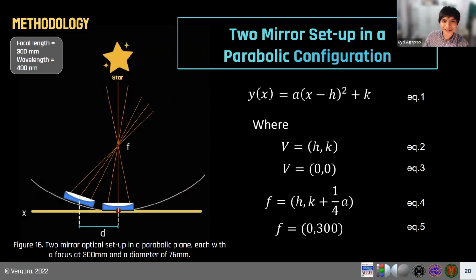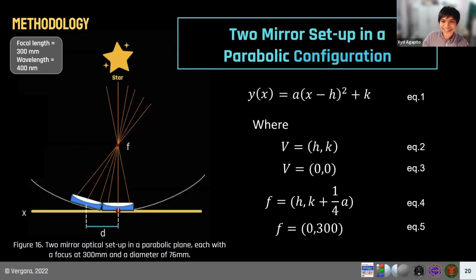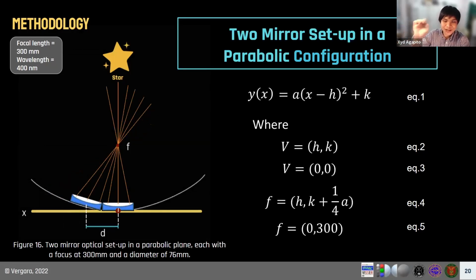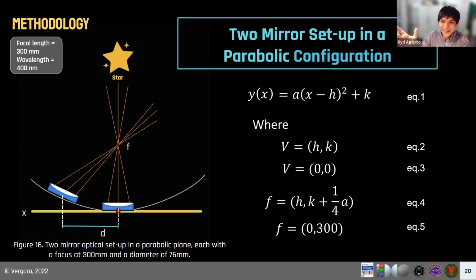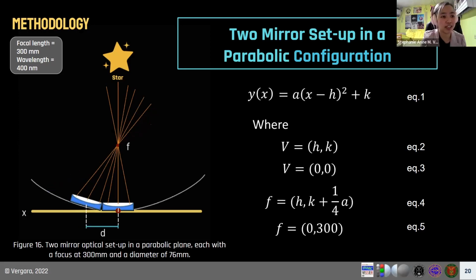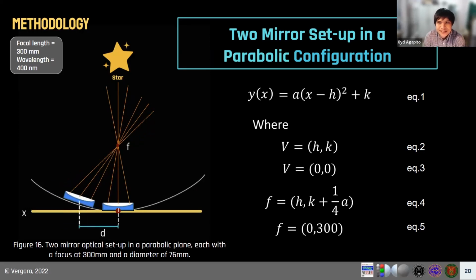So I noticed you have a value for the focal length, right? Or the diameter. Is that correct? For the focal length. Okay, the focal length. So I think I have a suggestion here.